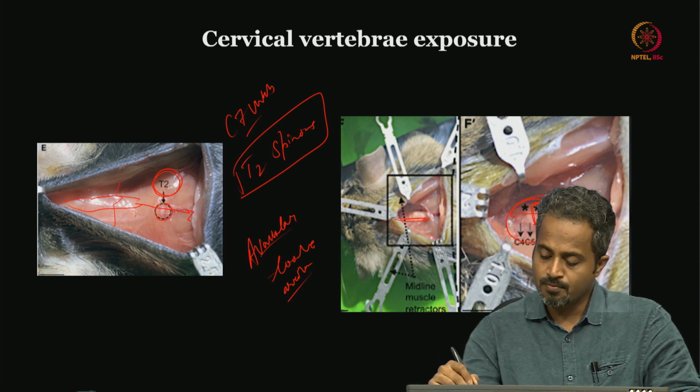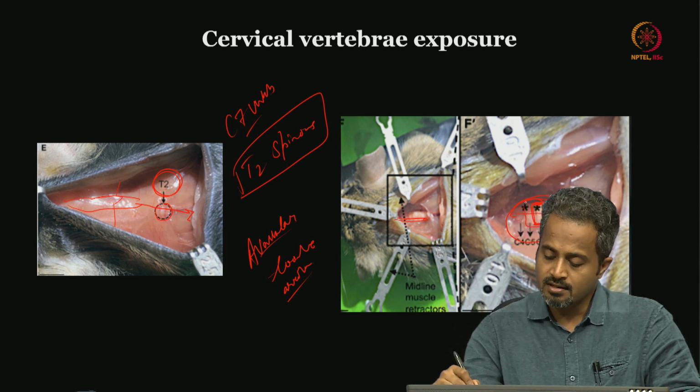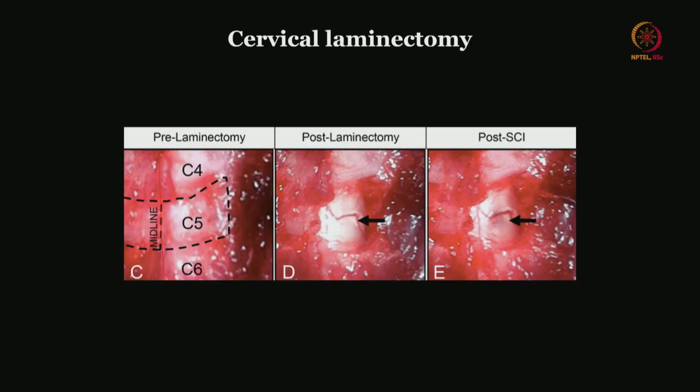And so what I was saying is that this area is zoomed in to expose the lamina at C4, C5 and C6 level, somewhere that there was a T2. So the orientation is this way: T2, T1, C7, C6, C5 and C4. That is the spinous process.